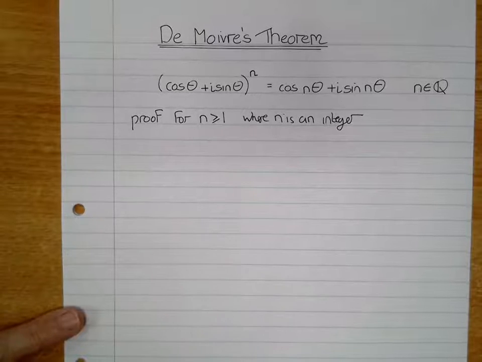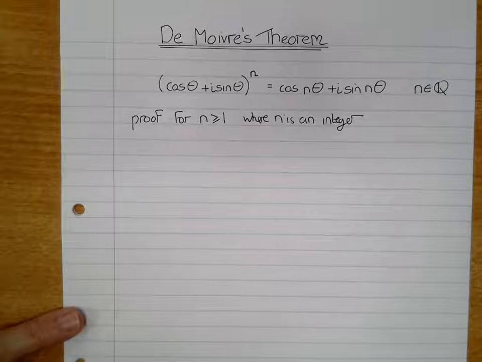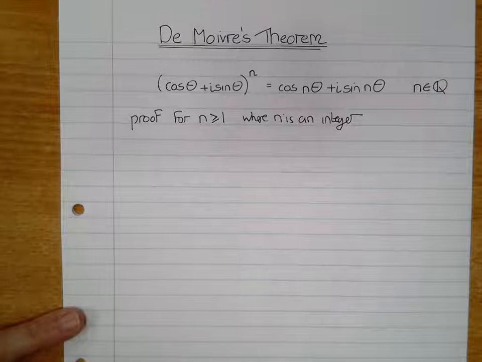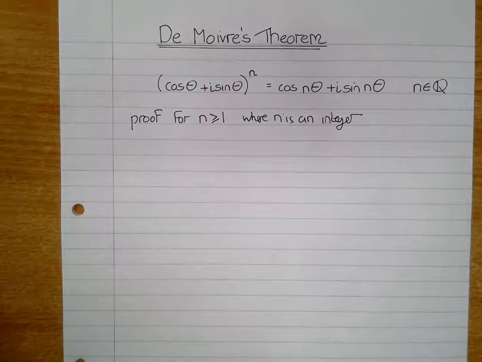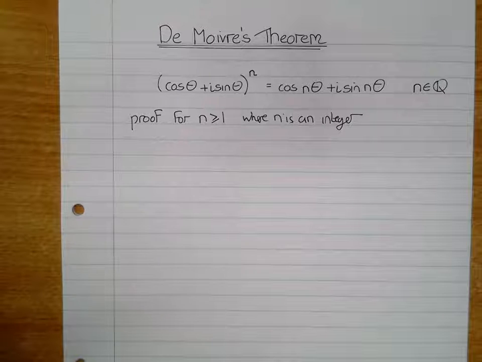It's a bit like the binomial theorem. When you first do it in unit 1 of normal maths, you do it with n being an integer, but then you discover miraculously that it also holds for n being a fraction or being negative in unit 3. And we're just going to prove this formula for when n is an integer.